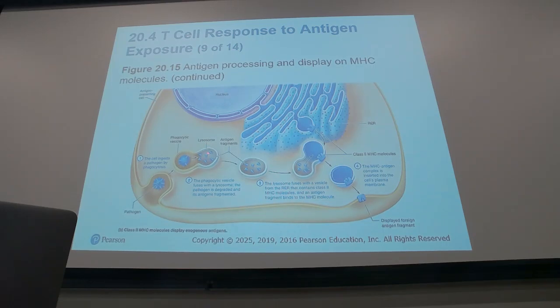Then this phagocytosed microorganism is going to be destroyed by the enzymes present in lysosomes in these antigen-presenting cells. And then the antigen fragments are going to be presented on MHC2 to CD4 T cells, and then you display this foreign antigen.